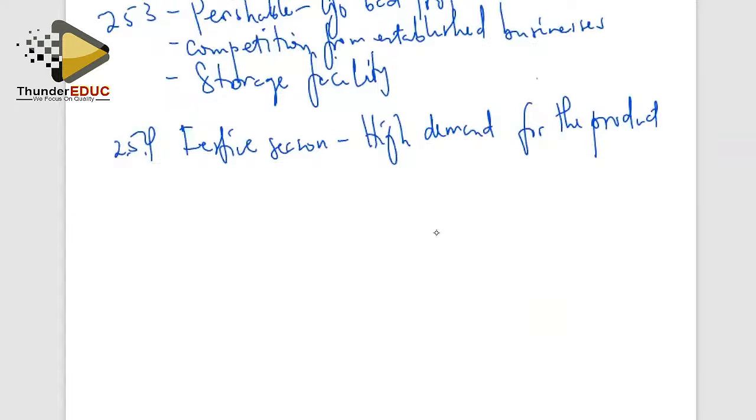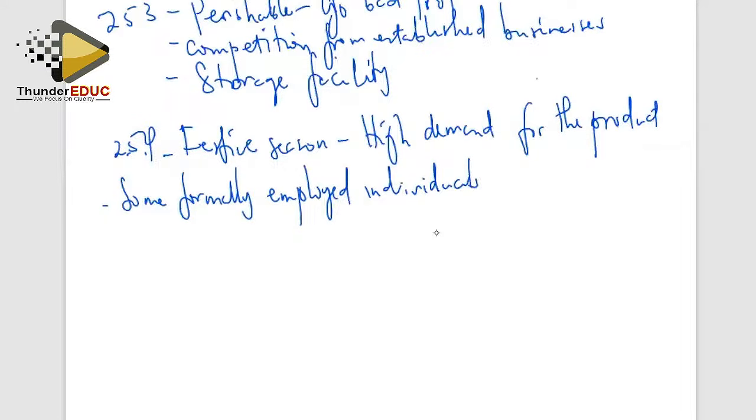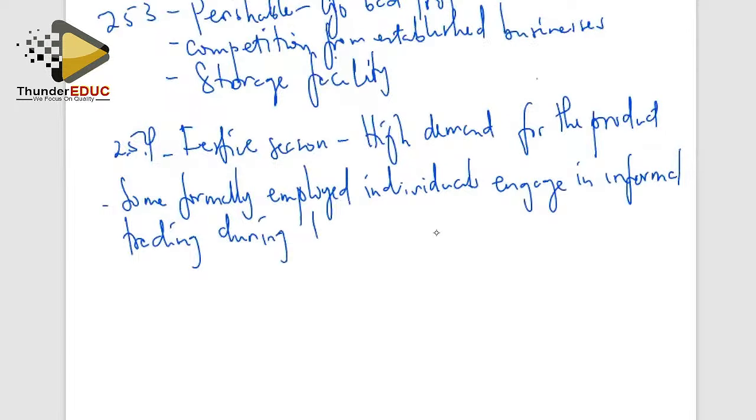And also, we can argue in another dimension that some formally employed people engage in informal trading during their work off season.